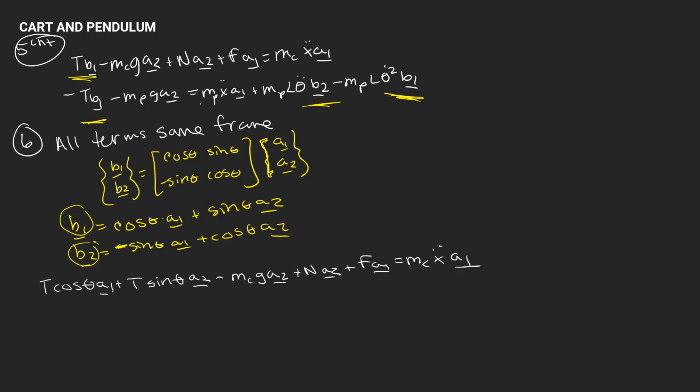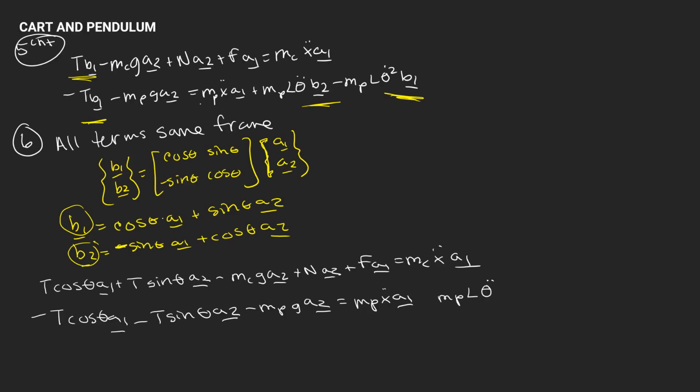So now we have the second equation. We have negative T cosine theta A1 minus T sine theta A2 minus m_p g A2 is equal to m_p x double dot A1, and then we have plus m_p L theta double dot.